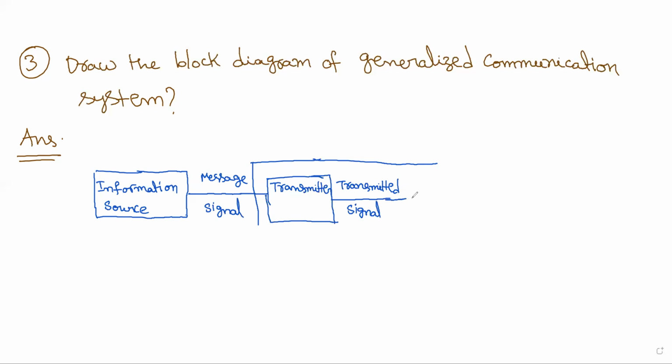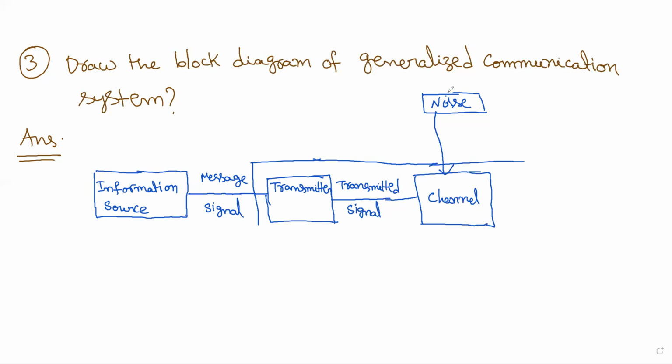Now this transmitted signal will reach a certain point. That point is called a channel. In this channel, from outside, something is added, which is called noise.